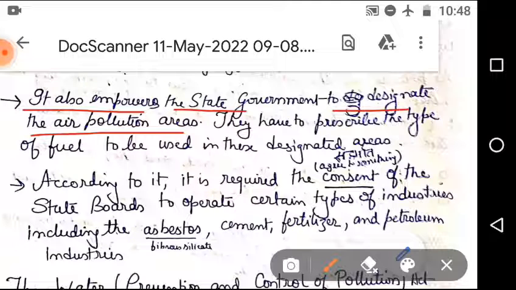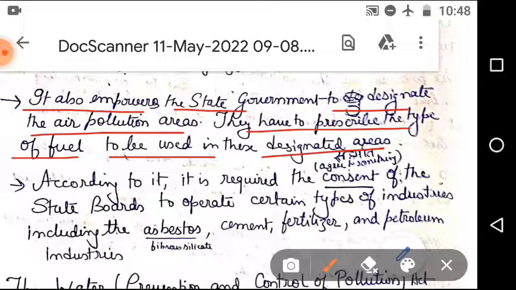The Central Pollution Control Board and the State Pollution Control Board, with the help of the state and central government, will designate the air pollution areas, which areas are mostly affected by air pollution, and they have to prescribe the type of fuel to be used in those areas, and how much of that fossil fuel can be utilized. These are the things which have to be prescribed with the help of pollution control boards.